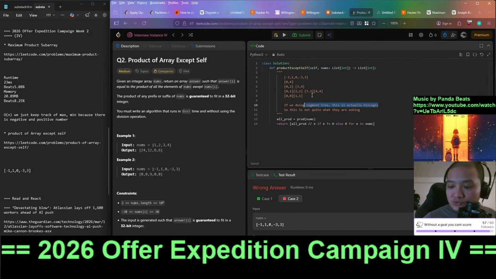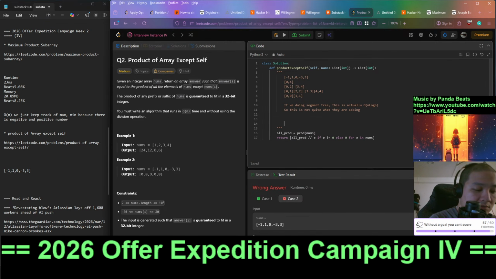Maybe we can build a prefix and suffix, right? Is it possible to build a prefix and suffix at any particular i index, right?